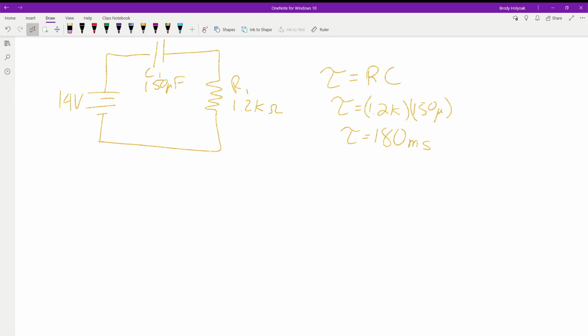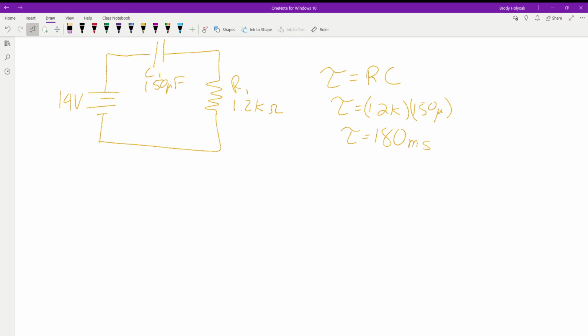Okay, after 3 tau, after 4 tau, and then after 5 tau, 900 milliseconds.